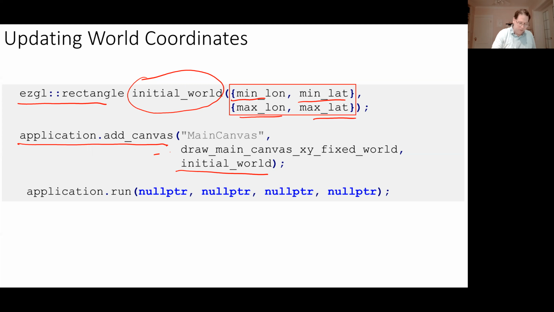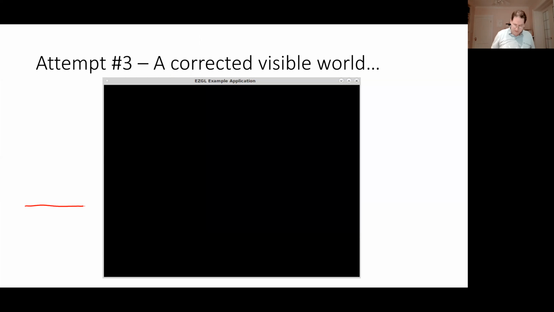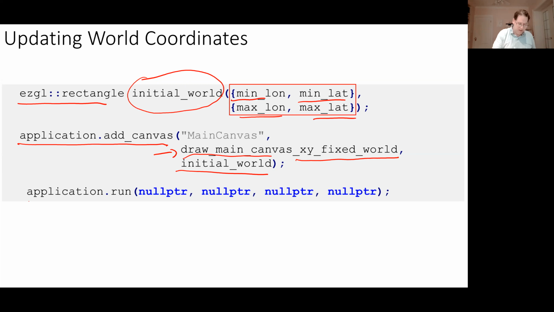I'm also now saying I want to use a different redraw function, draw main canvas, but with the fixed coordinate system, what's called the world coordinates. Then I call application dot run, which tells EasyGL to take control, start drawing the screen and responding to the user.